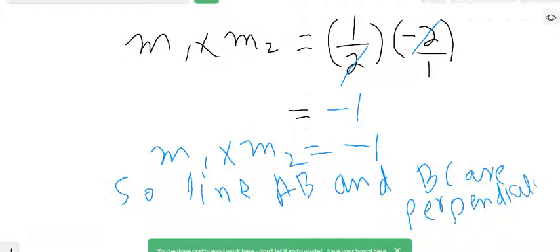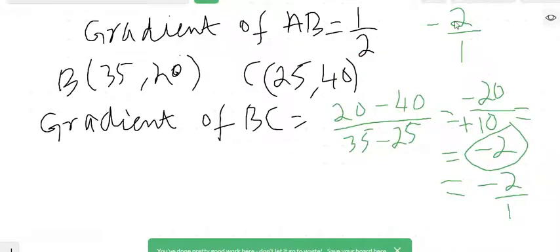So remember, there are two ways to prove that two lines are perpendicular. One is that you have to show that the gradients of both lines are negative reciprocals of each other. Here the gradient of line AB is 1 over 2, and the gradient of BC is -2 over 1. It is the negative reciprocal of 1 over 2.